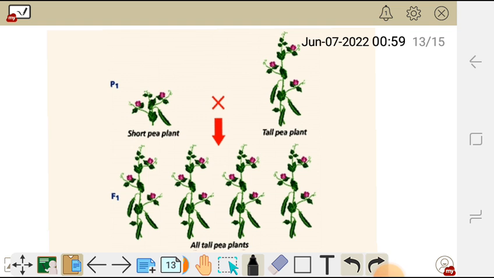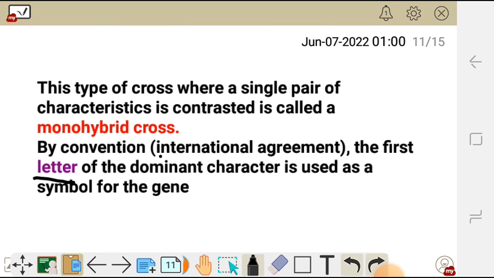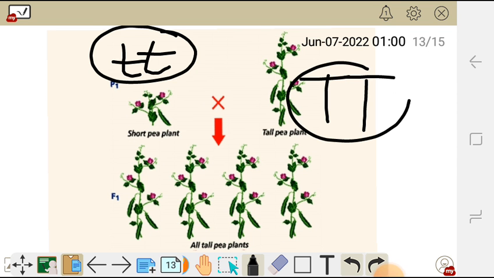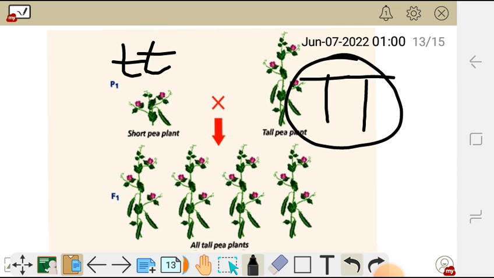A short plant has the alleles of small letter t, and the tall plant has the alleles of capital letter T. We use the same letters because of the international agreement that the letters of the dominant character should be used when drawing monohybrid crosses. For short, you represent it with a lowercase t, and for tall you represent it with a capital letter T. And remember, the alleles are in pairs.